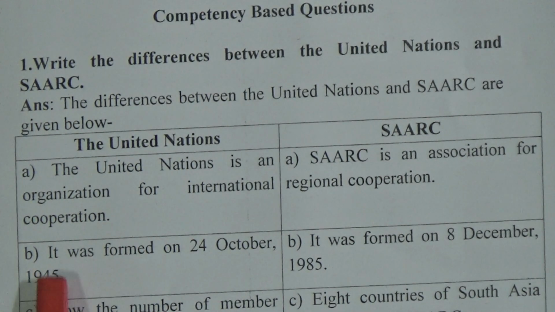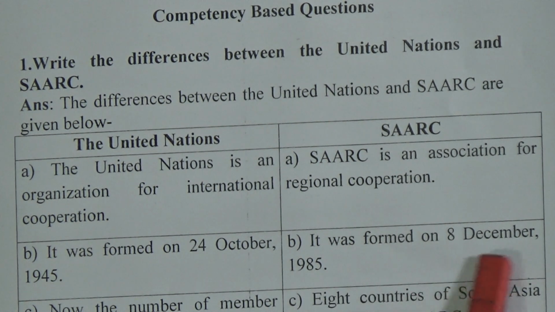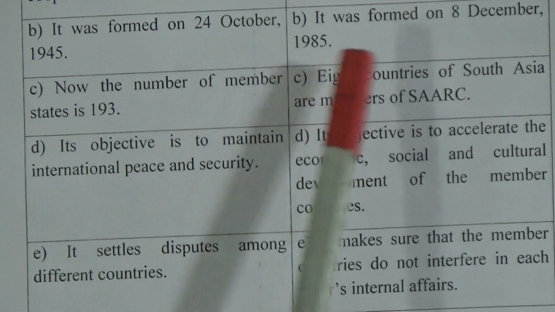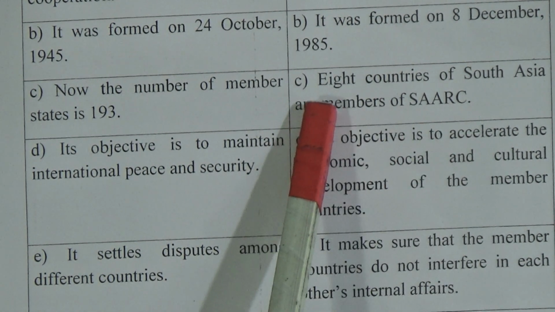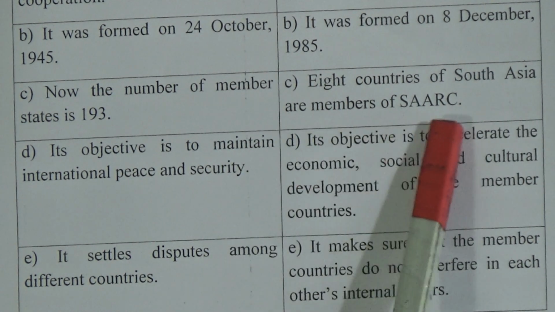Next difference, the United Nations was formed on 24 October 1945 and SAARC was formed on 8 December 1985. The next difference, now the number of member states is 193 and in the column SAARC, 8 countries of South Asia are members of SAARC.